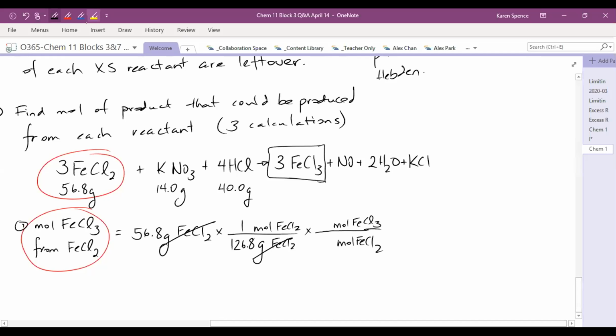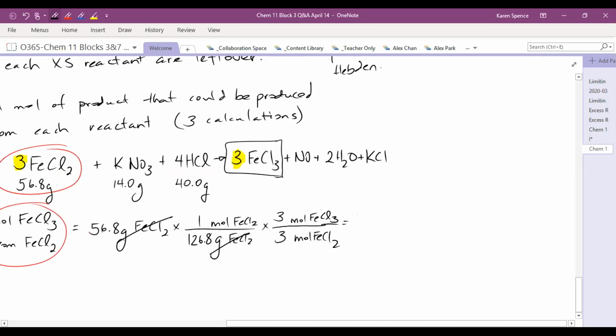We look at our equation, we have a 3 and a 3. We do our little calculation there. We get 56.8 divided by 126.8. And that gives us 0.4479 moles of FeCl3.